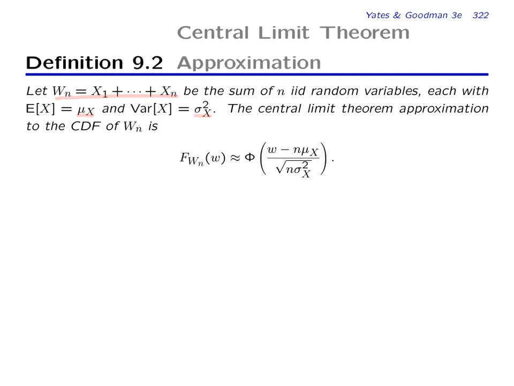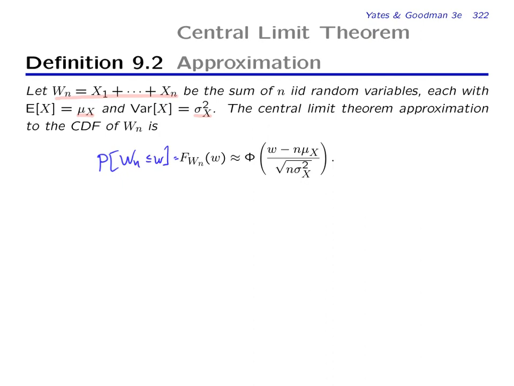And we're looking for a good approximation to the probability that W_n is less than or equal to some value w. In effect, we just want a good approximation for the CDF of the random variable W_n.